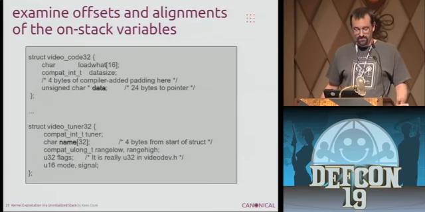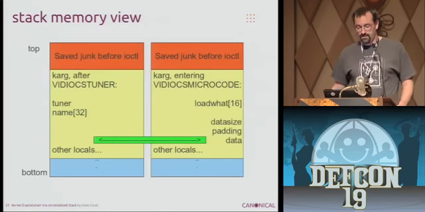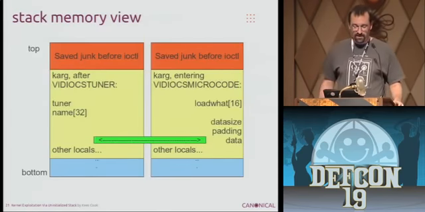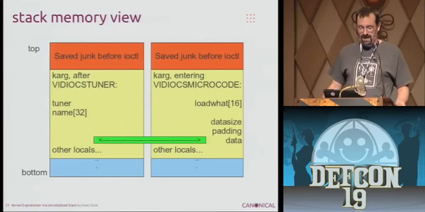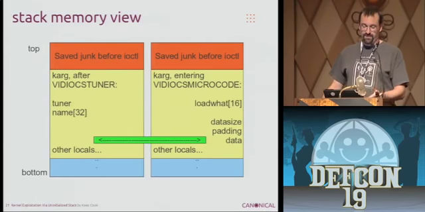It was relatively straightforward because in video tuner, there was this large name string. Looking at it more graphically, there's all the crap before the I/O control on the stack. And then after we've returned from the tuner I/O control, what's left on the stack is whatever we had put in that structure.